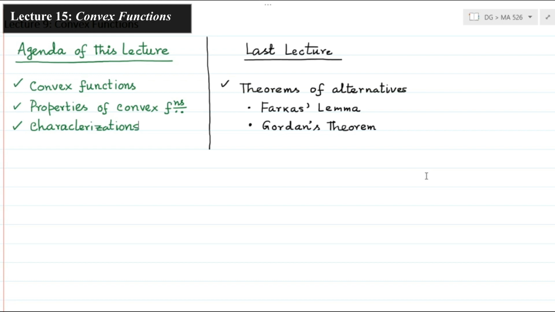First, any local minimum of a convex function over a convex set is also a global minimum. The second is that any stationary point, by which I mean a point for which the gradient or the derivative of the function vanishes, must be a global minimum.